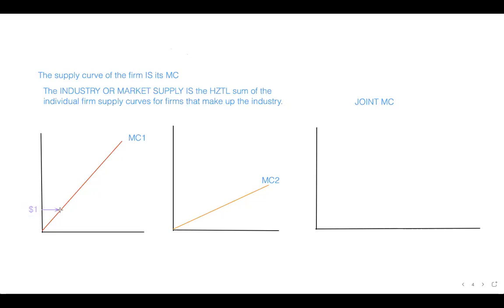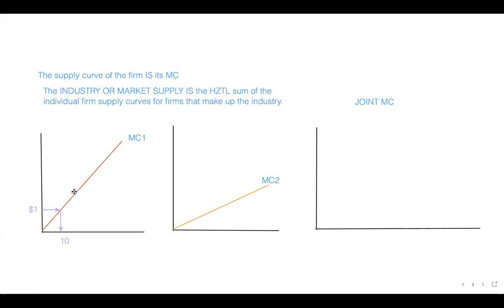So I could go to firm one and say, she'll produce Q1, an amount of tomatoes. To be concrete, they'll supply 10 tomatoes.